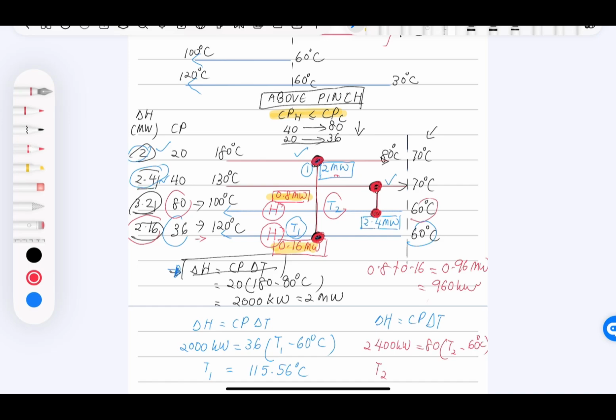So our T2 equals 90 degrees C. You can write it here, 90 degrees C, and you can also write the temperature here.